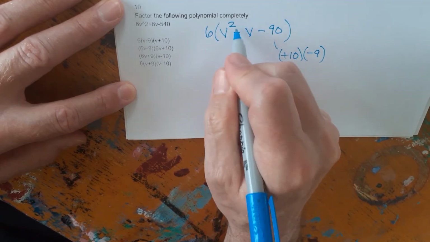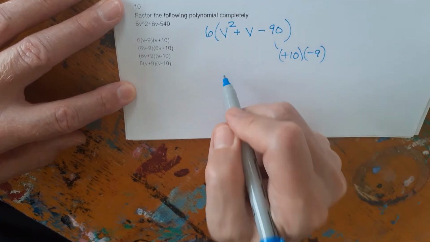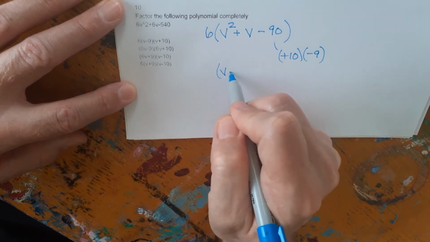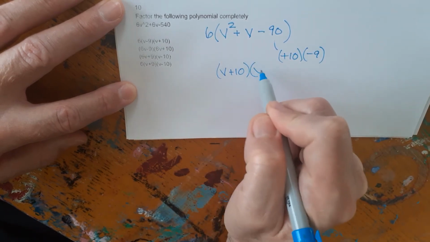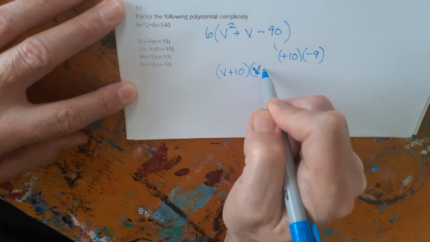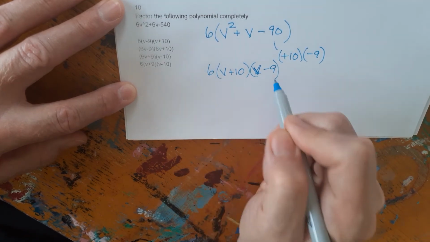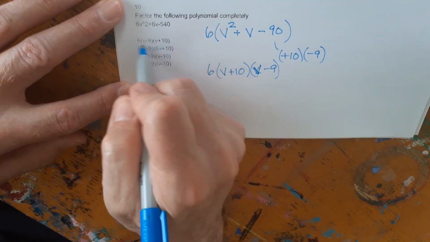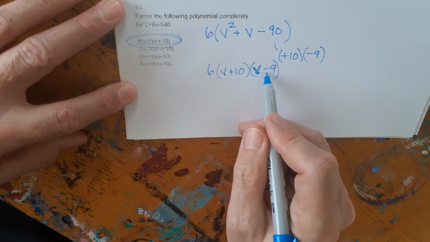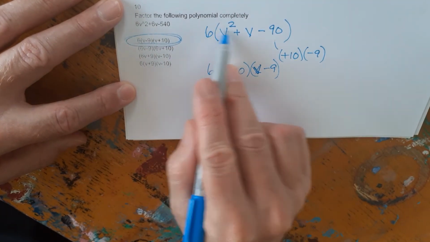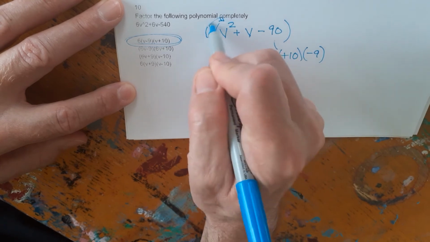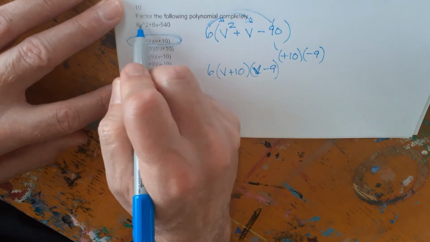And when I add these, won't I get a positive 1? So sure enough, v plus 10, v minus 9, and the 6 out front, v minus 9, v plus 10. And I know that when I FOIL this, I'm going to go back to this. And when I multiply 6 across each one in the distributive fashion, I'm going to go back to the original problem.